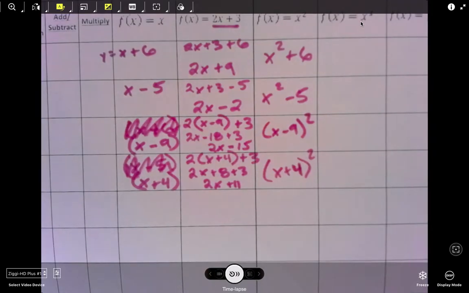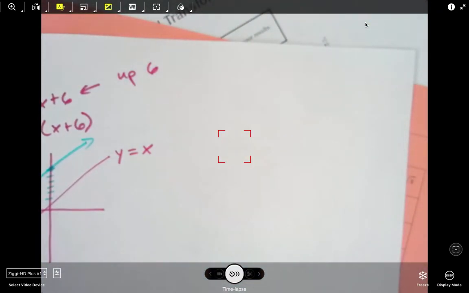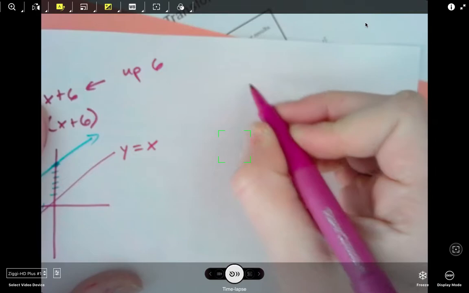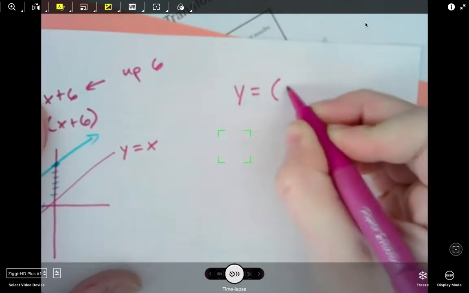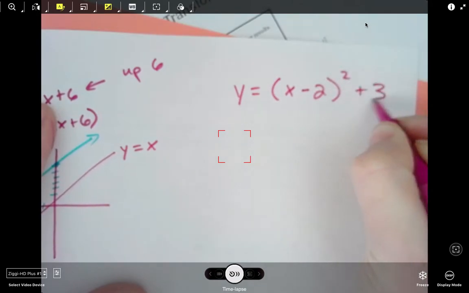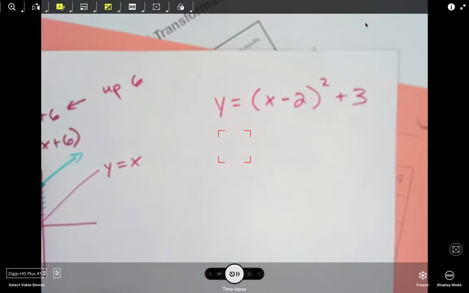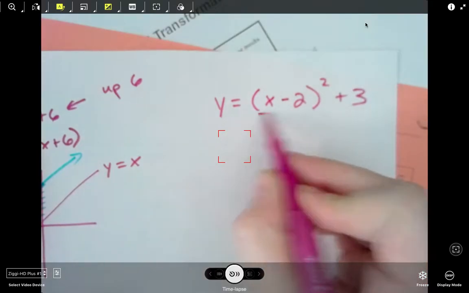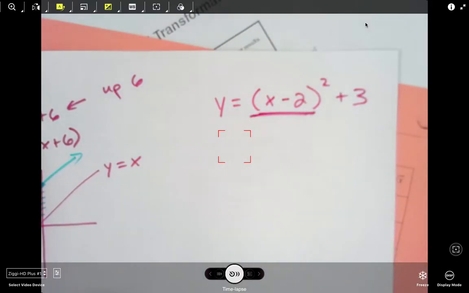All right, now let me combine some of this stuff we were talking about yesterday, in section 3.3. We would have things like y equals x minus 2 squared plus 3. That's a combination of horizontal and vertical translation. So the x minus 2, how is that moving it? Horizontally, 2 to the right.